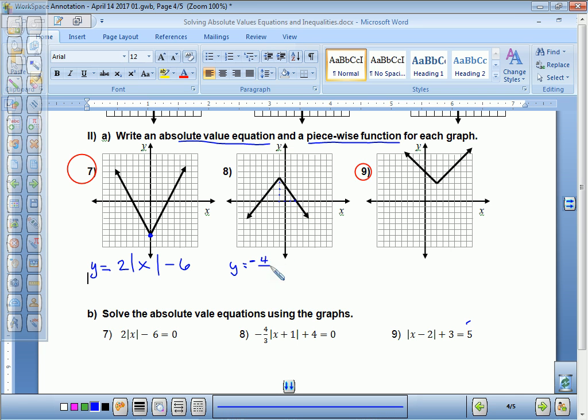So 4/3 is our vertical stretch. The slope, as you go from the vertex towards positive infinity for the x value, is your vertical stretch or compression. All right, the x value got moved left 1, so we put a +1 here, and it was moved up 4.